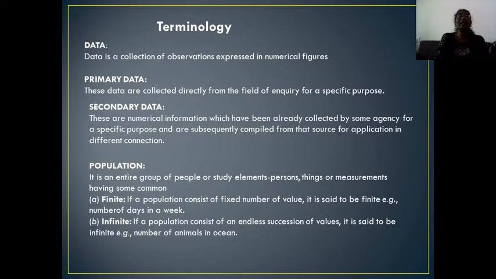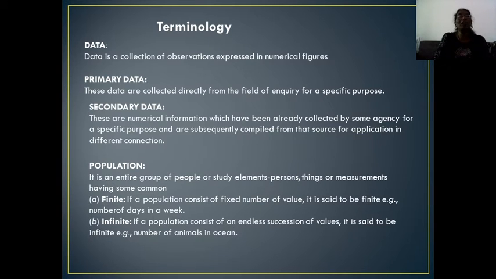Data is a collection of observations expressed in numerical figures. We can obtain data from experiments and from the survey method. Second, primary data. These data are collected directly from the field of inquiry for a specific purpose. Secondary data.